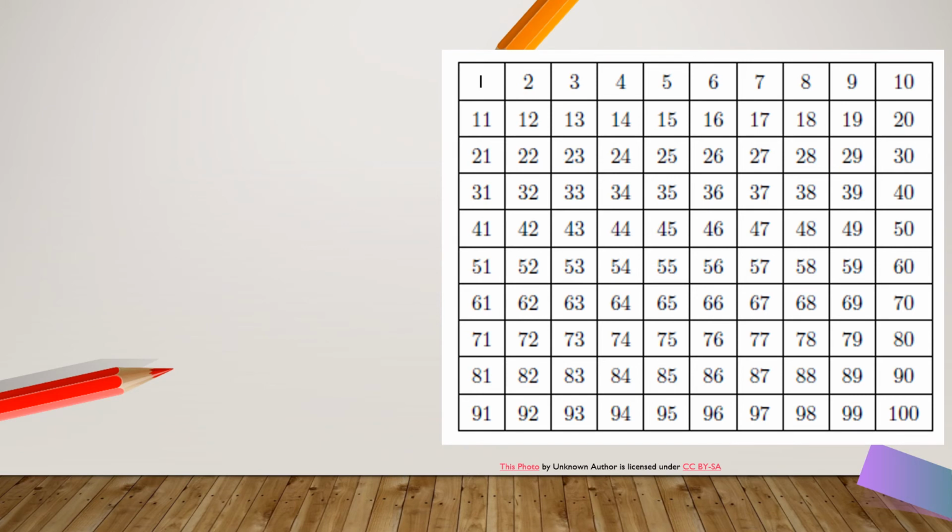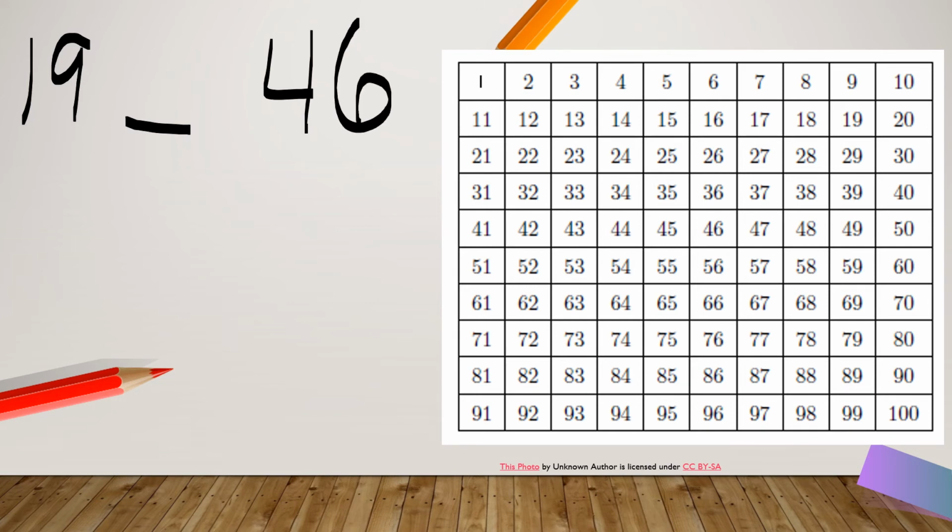Our last example is going to be the numbers 19 and 46. Okay, let's locate both numbers in a number chart. So I know 19 is going to be next to 20, so I'm going to highlight 19. Then I'm going to look for 46. 46 starts with a 4, so I find my 4 and then I find 46.